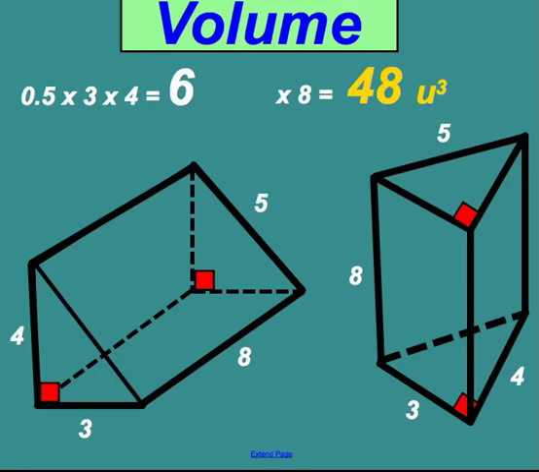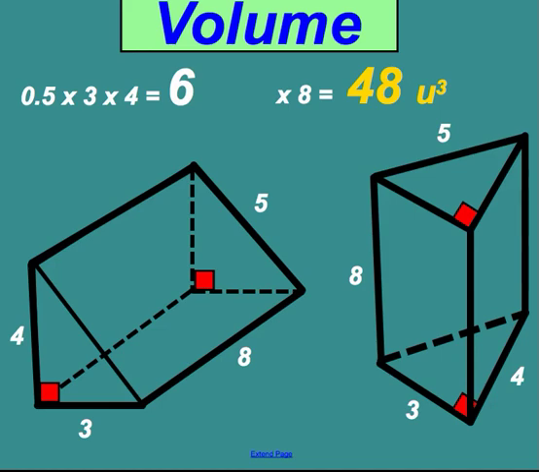Next, I multiply the area of the triangular base, 6, by the distance the triangles are apart, which is 8, and 6 times 8 comes out to 48 units cubed for the volume of this triangular prism.